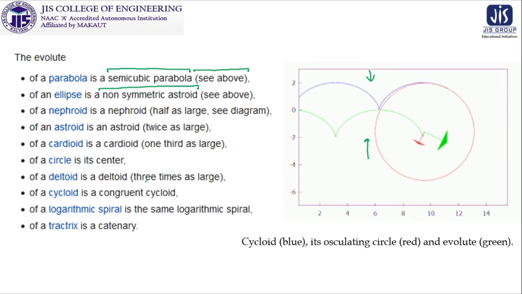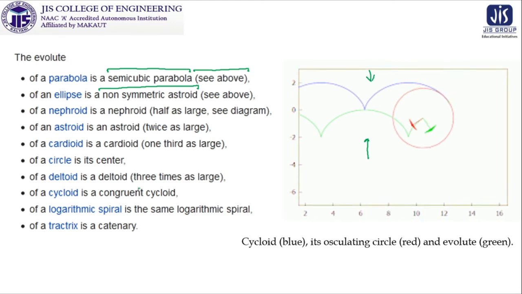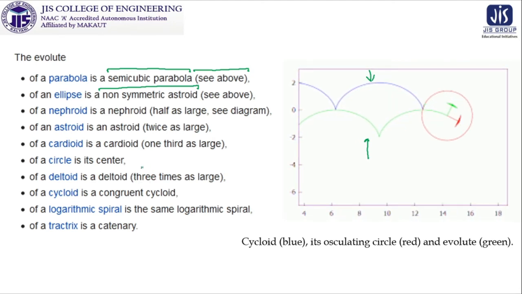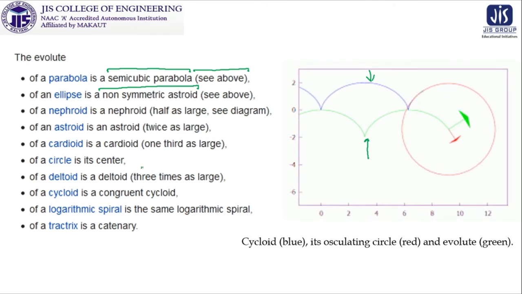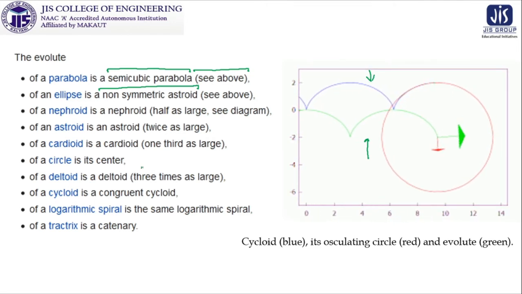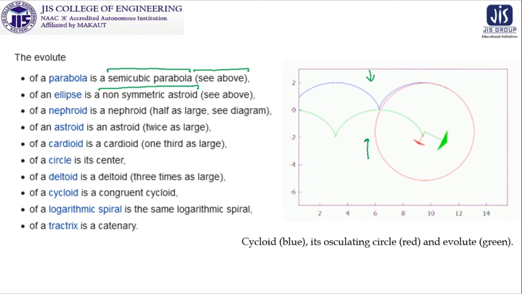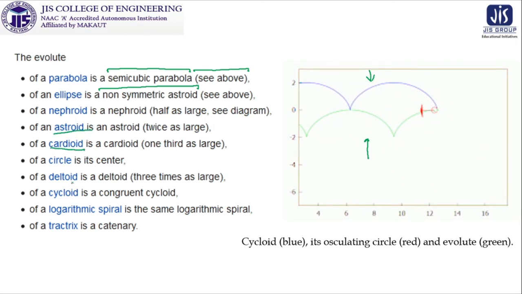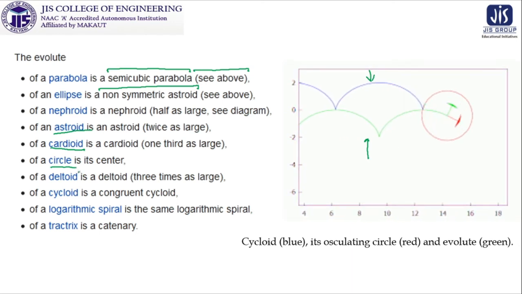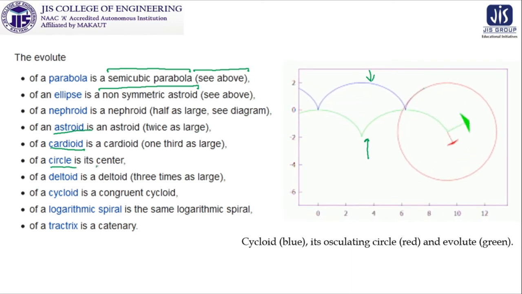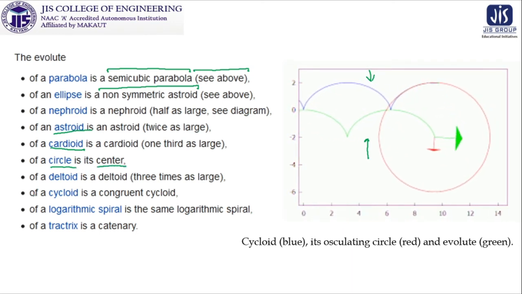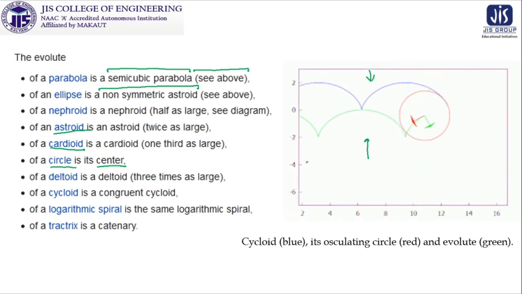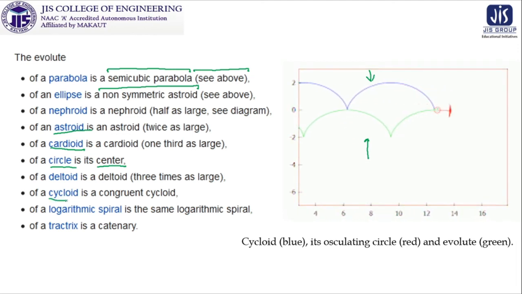Now look at this. There are some cases where the evolute of a curve has the same structure as that curve, like the asteroid, like the cardioid. But already this one is proved, that we have made the evolute of a circle which is a center, and here we are showing the evolute of a cycloid.